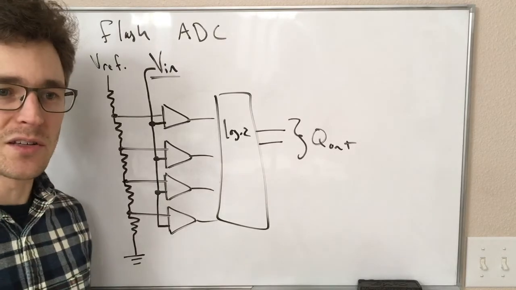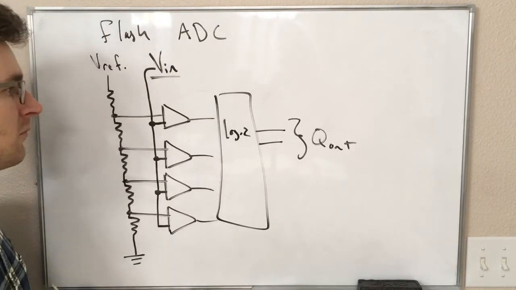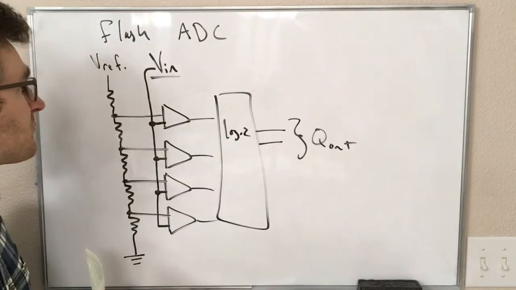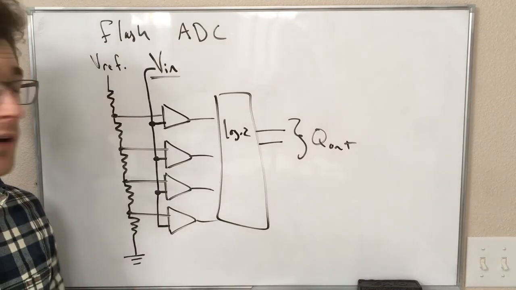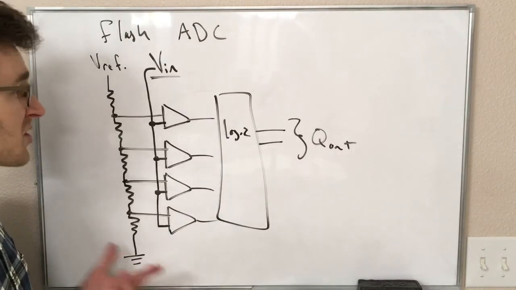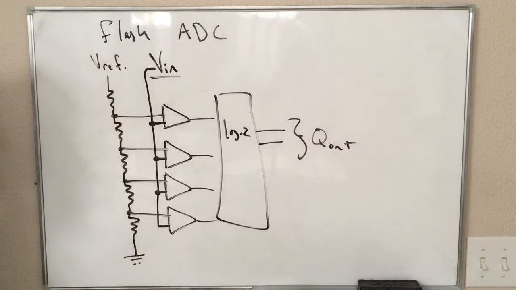Some tens of nanoseconds would not be particularly hard, I think. So yeah, these are much, much faster, not as precise as our integrating ADCs, but anyway, I just wanted to give you guys a flavor of how these sorts of conversions can happen.